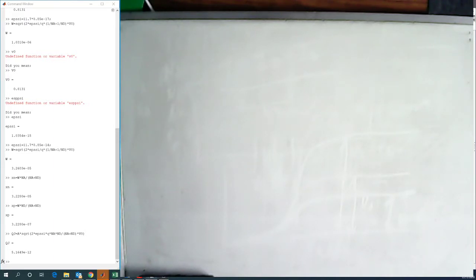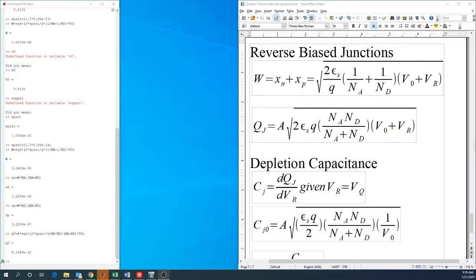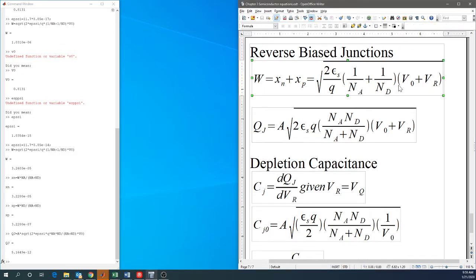And so if we go and look at our equations in the reverse bias case, this is exactly the equation that we had before, other than we do plus VR.